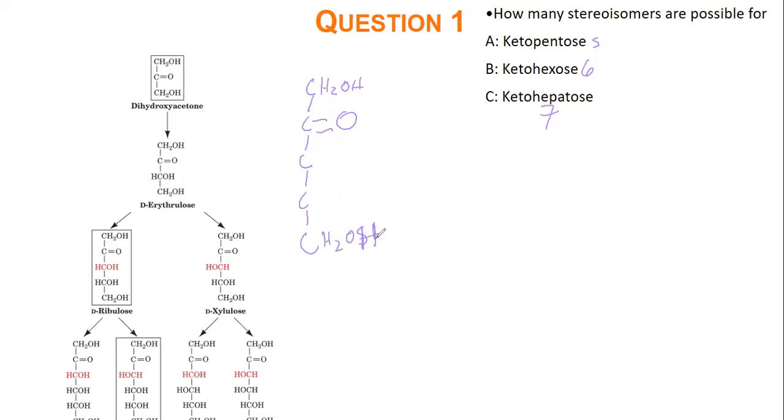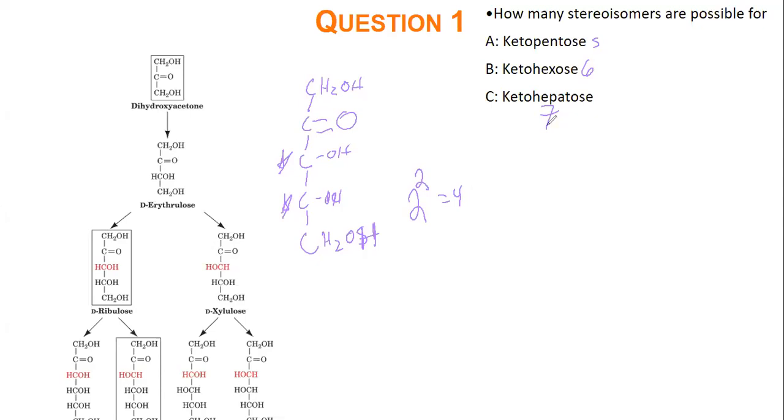So we have 2 chiral carbons, a chiral carbon right here, and a chiral carbon right here. They have 2 possibilities, left or right. So you have 2 possibilities raised to the power of how many chiral centers you have. So for a ketopentose, that's 2 raised to the power 2. That's 4.